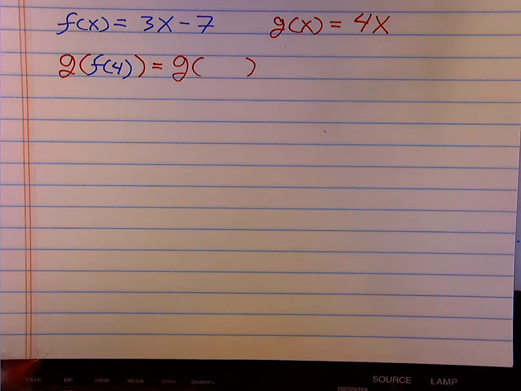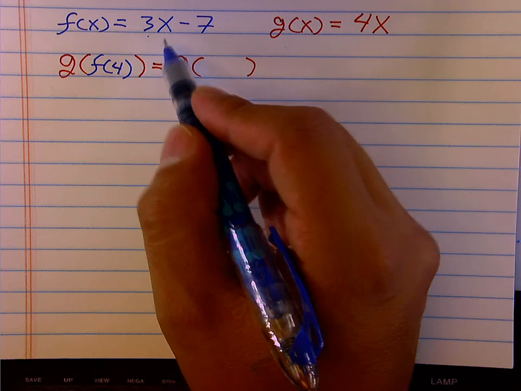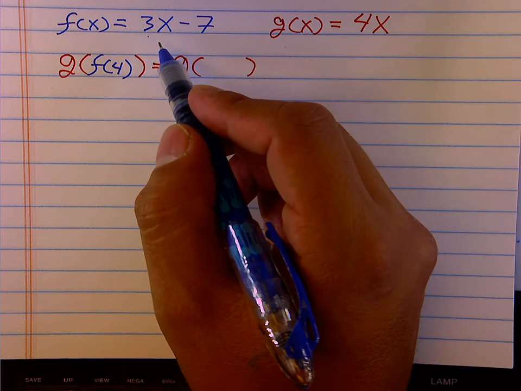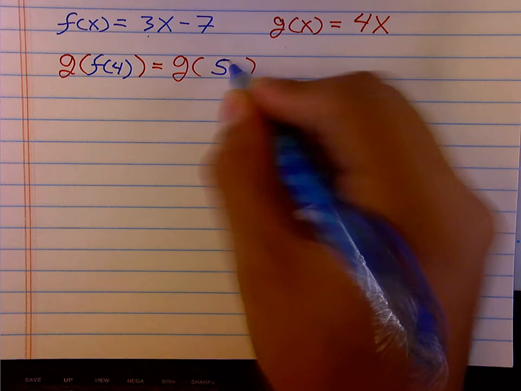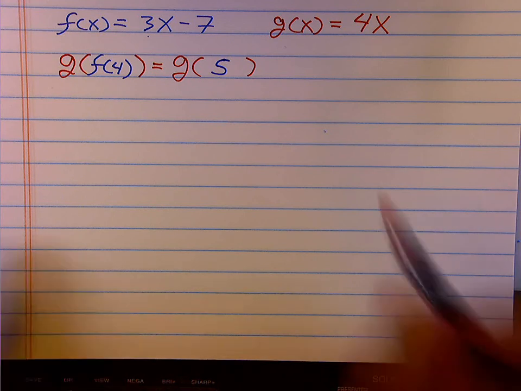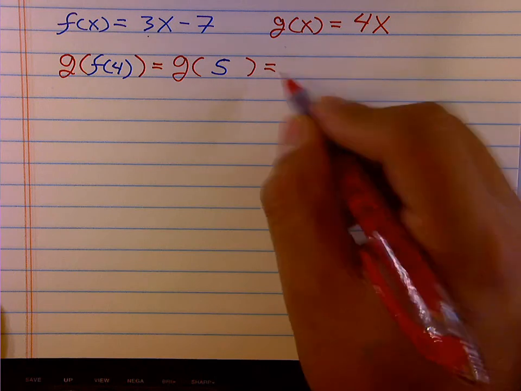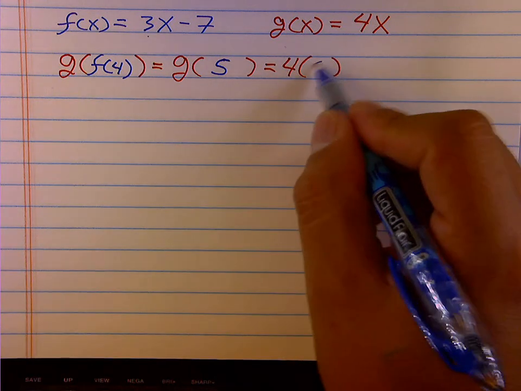I'm going to plug in 4 into f of x and take 3 times 4, which is 12. Subtract 7 and get 5. Step 1, I calculated f of 4. Now I know what to plug into G. I will go straight into G and plug in that 5.